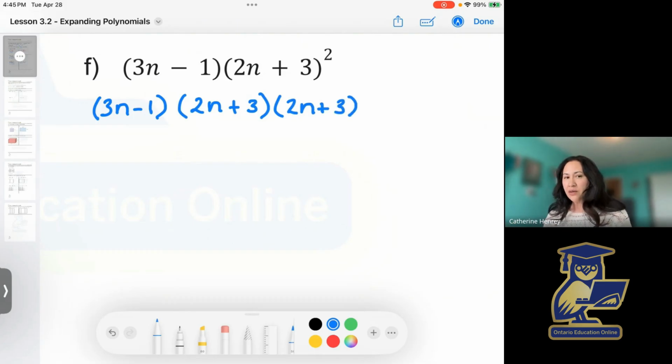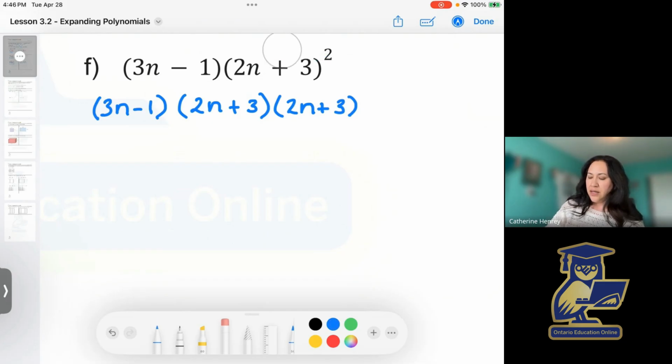So we have to write it out this way before we decide which multiplication we want to do. It's not like exponents where you can just distribute that exponent of 2 into the 2 and the 3 inside the bracket. So let's go ahead and get rid of that. So let's go ahead and do the 2 last brackets.